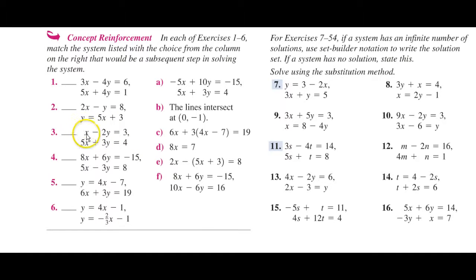If we multiplied this top line by a -5, this would become a negative 5x. Multiplying this by a -5, that would become a positive 10y. Multiplying this by a -5, this 3 becomes a -15.